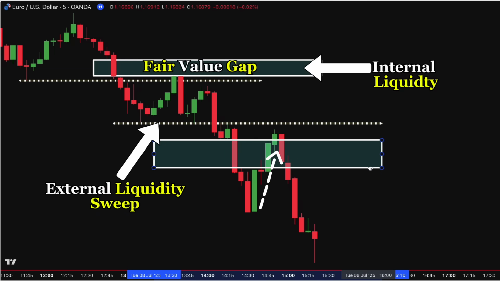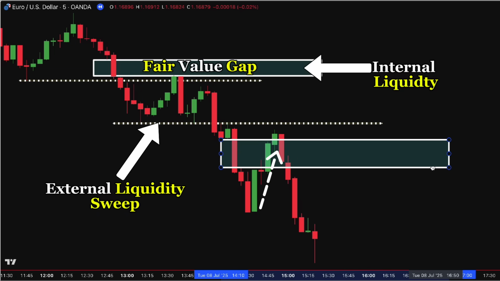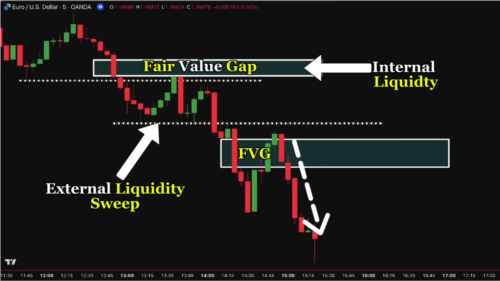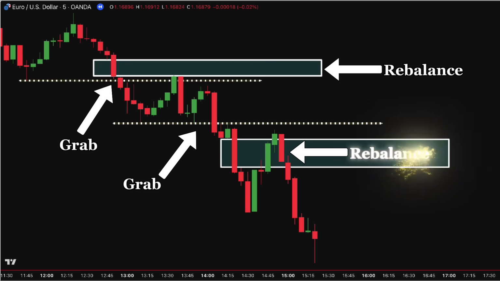Price transitions once again, this time re-entering internal structure, moving right back into another fair value gap. And from that internal liquidity zone, we get yet another reversal. This sequence shows you exactly how price rotates, from external liquidity to internal liquidity and then back again. It's like a heartbeat. Grab, rebalance, grab, and rebalance.